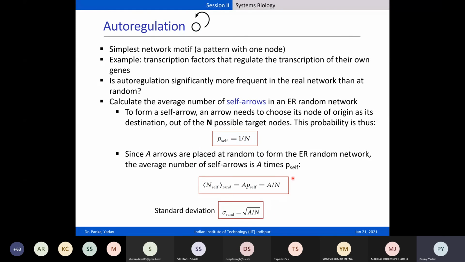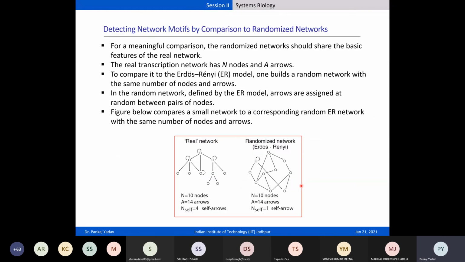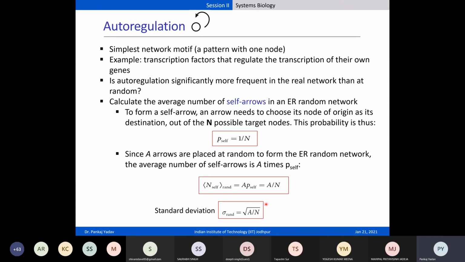Let's take an example of this network, and do some calculations. We can calculate the expected number of self arrows in a random network. We have n equal to 10 and a equal to 14. So we get 14 by 10, so the expected n self is 1.4, which is basically 1.